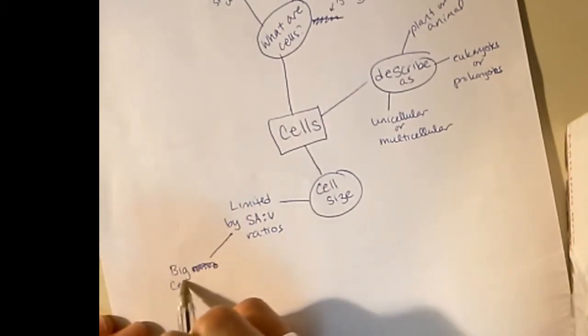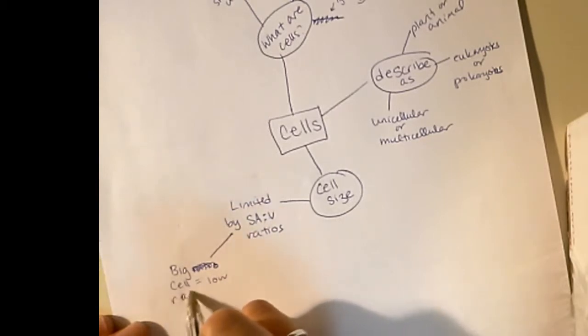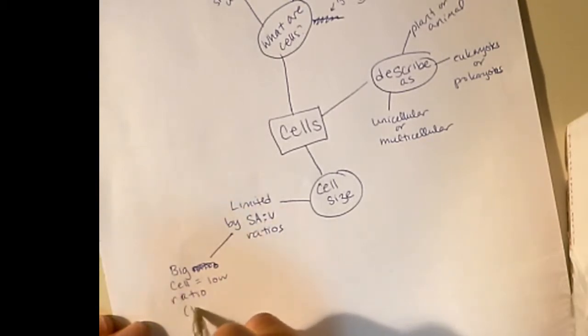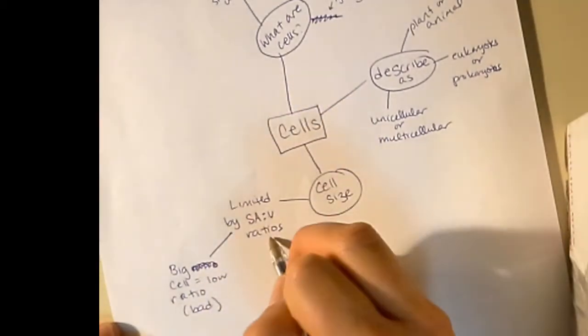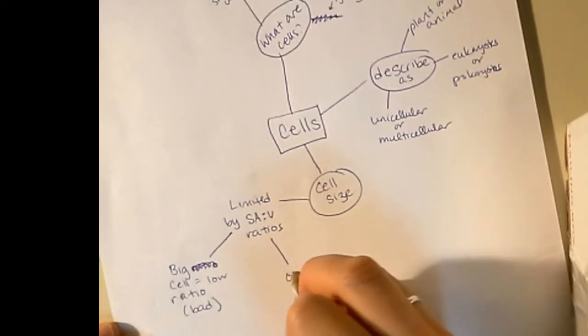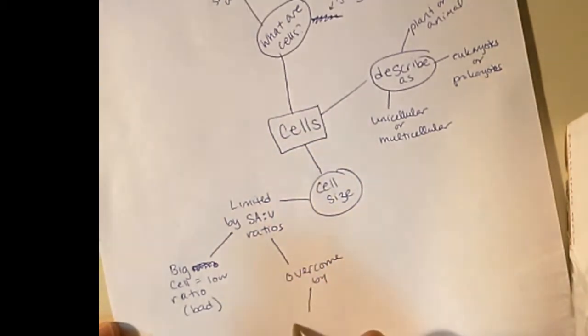A big cell equals a very low ratio, which is bad, because the smaller the ratio, the harder it is to get things in and out. You could also say it the opposite way, that a small cell has a high ratio, which is a good thing.